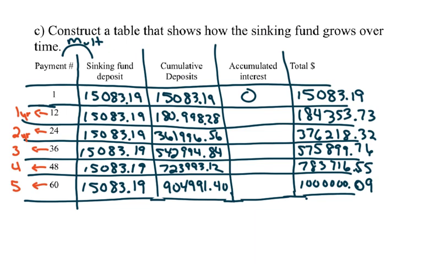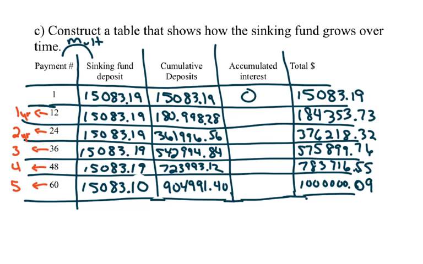So let's go back to the very first, second column, the sinking fund deposit, and change that 19 cents at the end to 10 cents. So I'm going to be removing those 9 cents from there.